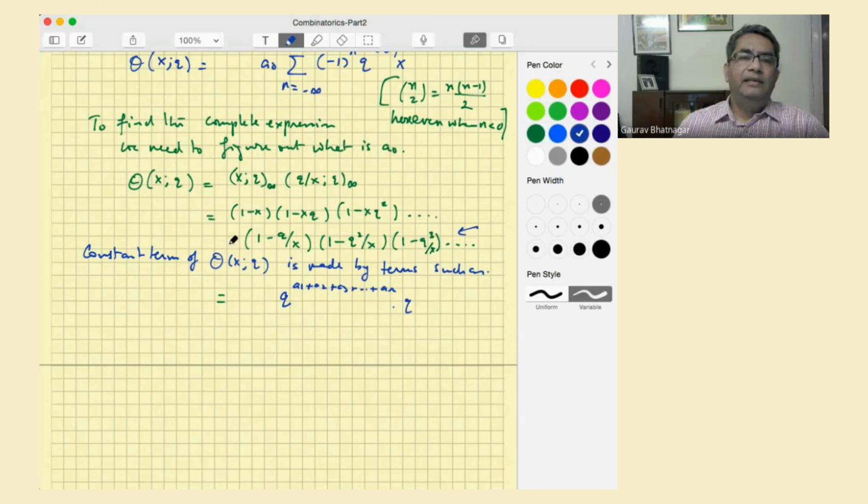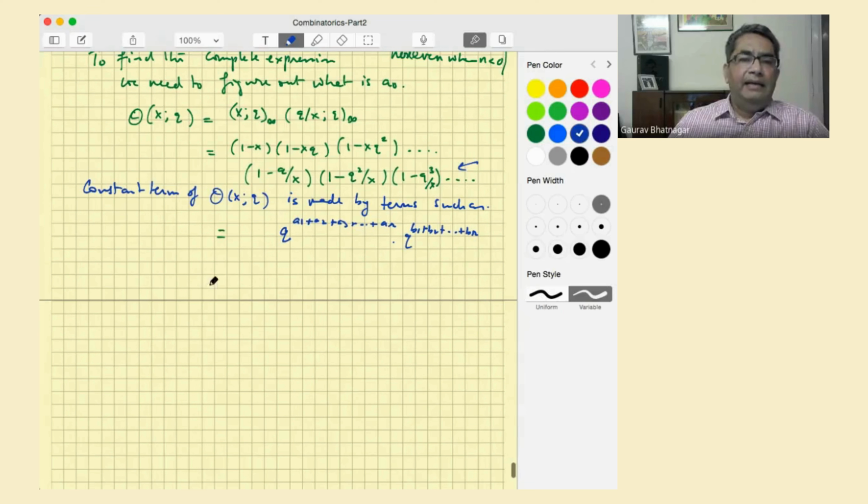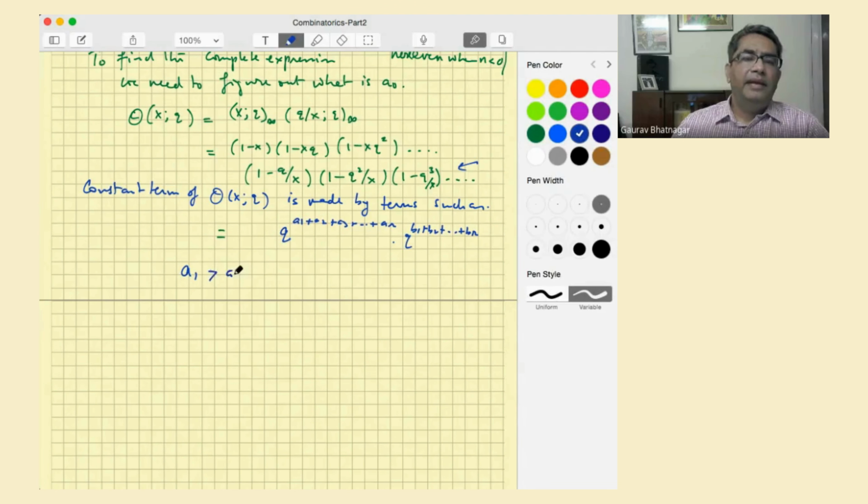And then I take these guys, B1 plus B2 plus up to BR. And what are the conditions? Well, they are distinct. So A1 is bigger than A2, is bigger than A3, and so on.